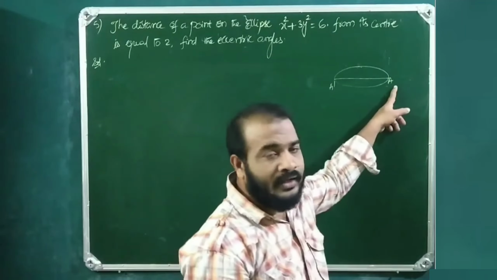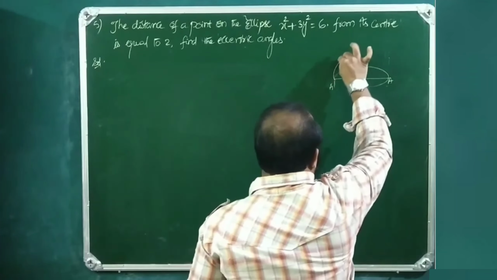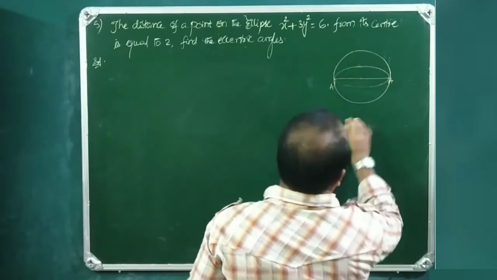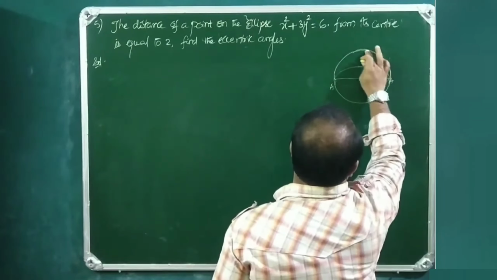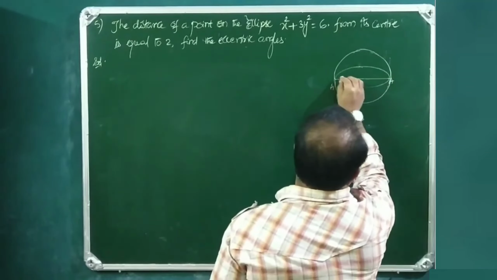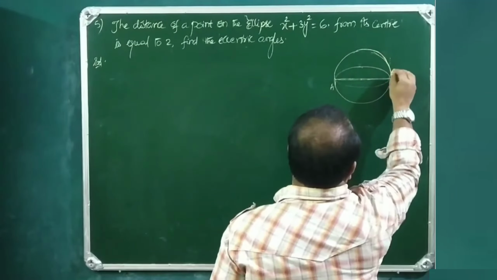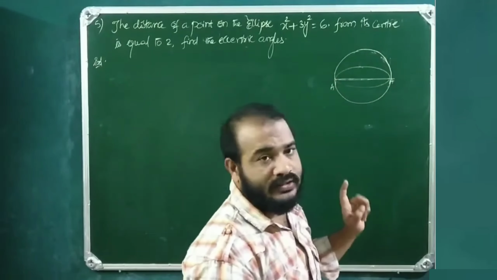A dash is the major axis, and the circle described on the major axis of the ellipse as the diameter of this circle is called the auxiliary circle.